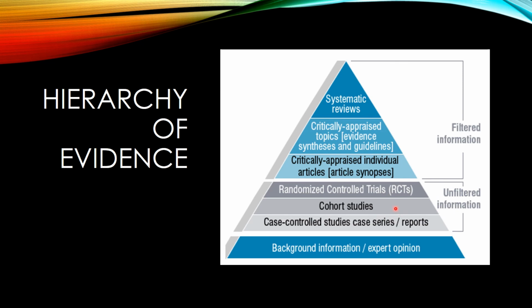After that, you have cohort studies. So usually in cohort studies, you actually observe the cohort for a significant amount of time to see whether being exposed to something actually increases the risk of developing something. Maybe you have at the moment two groups.